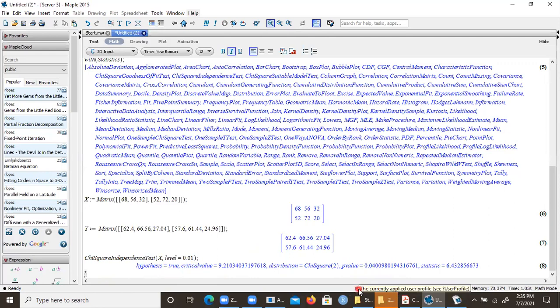So this particular problem is also showing us that the same problem can be accepted at one level of significance and rejected at another level of significance. It is quite obvious because it is dependent upon the p-value of the test statistic.